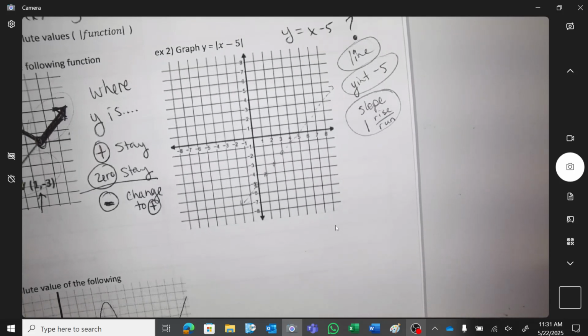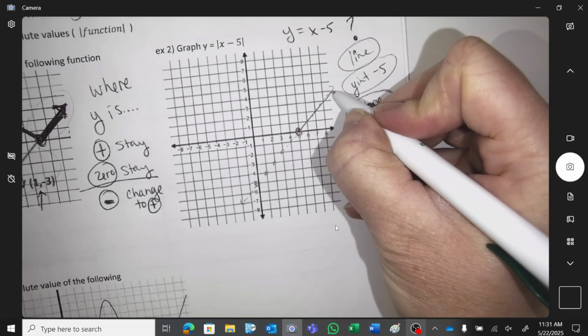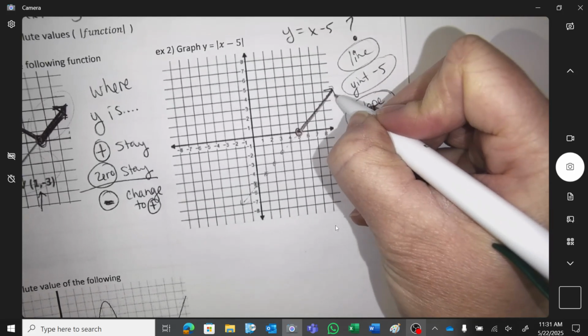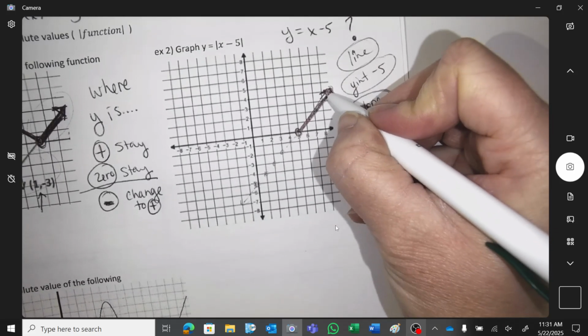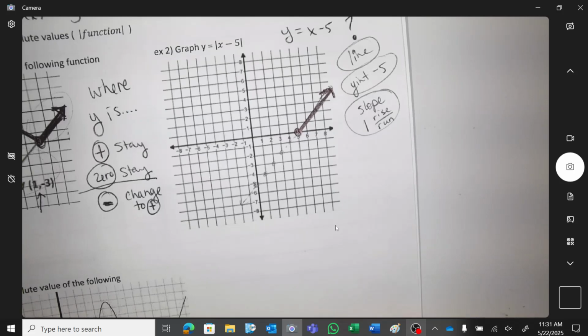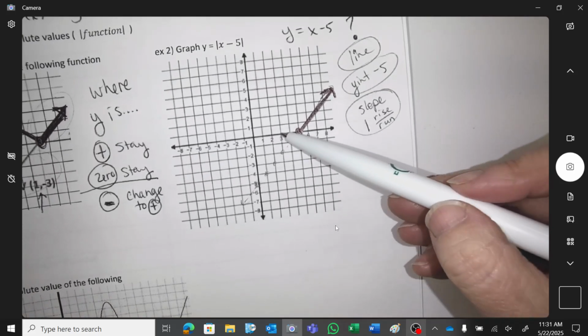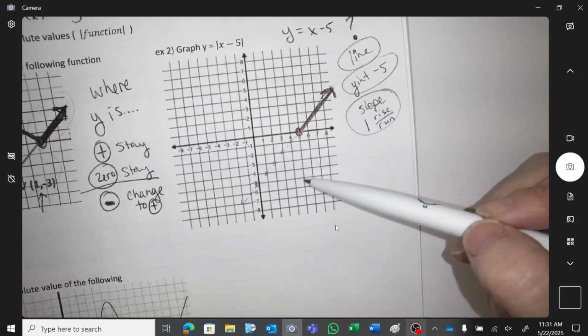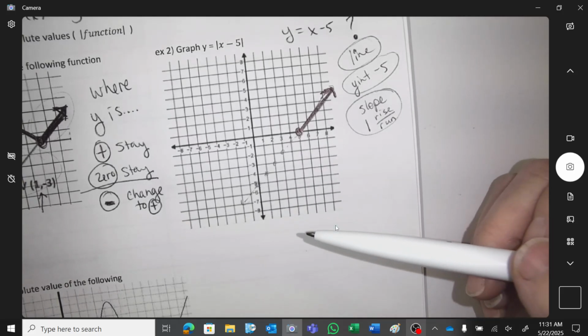Okay, now I have to think about absolute value in it. So what's the rules? We're good if we're 0 or positive. That's good. We leave it. What don't we like with absolute valuing? What's not allowed? Negative. So all this down here has a negative height, so we have to change it to be positive. You can grab a coordinate if you wanted.